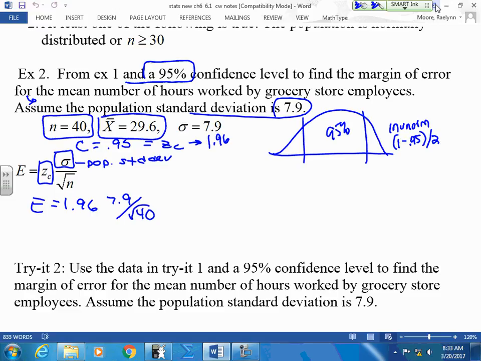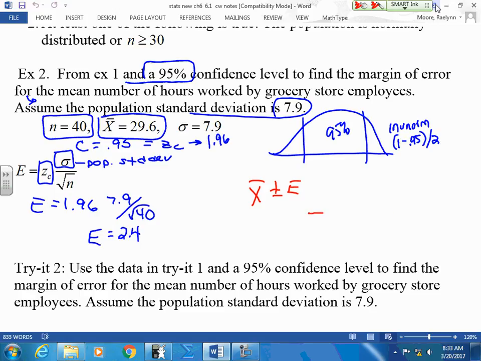Okay? So when we do this, stay with me. They get 2.4. So what does this mean to me? This now says, okay, take your mean and build me a confidence interval.